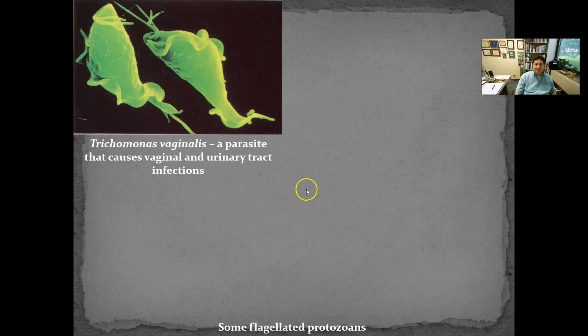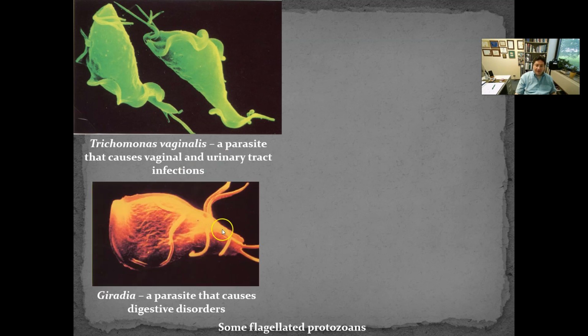Here are some examples of ones that can cause disease. Trichomonas vaginalis is a parasite that causes primarily vaginal, but also urinary tract infections. Note the flagella on here. This is Giardia, which is a pretty nasty digestive parasite. It probably isn't going to kill you, but you might wish you were dead while you have it.